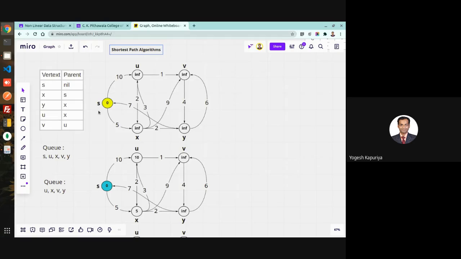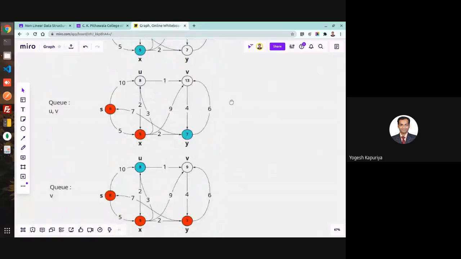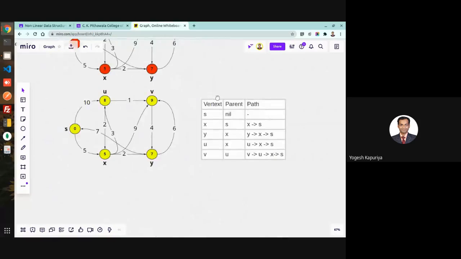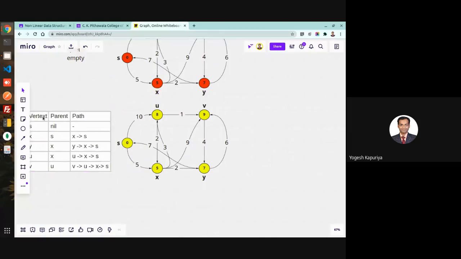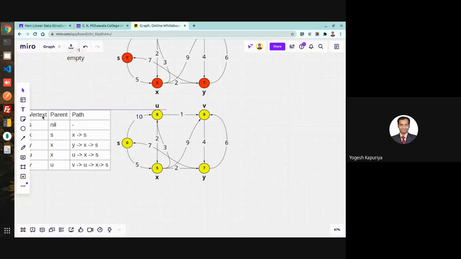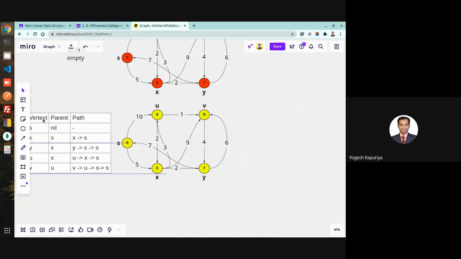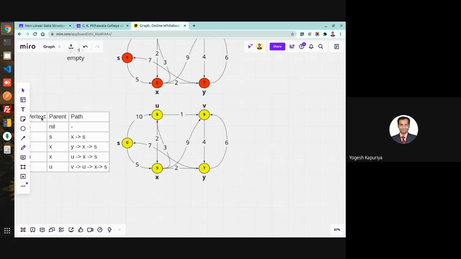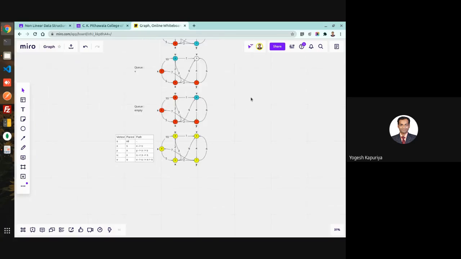You will be given some kind of a graph, and you have to find out the shortest distance using this algorithm. So I hope you have understood the approach. No need to worry about the algorithm. You can write your own, but understand the approach first, and I hope that is clear.